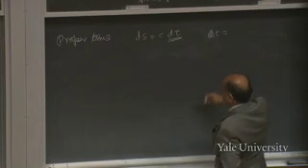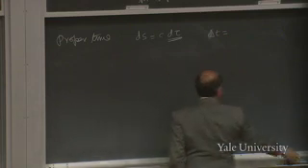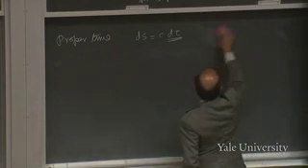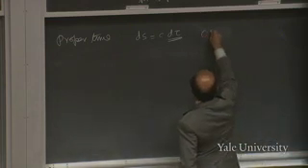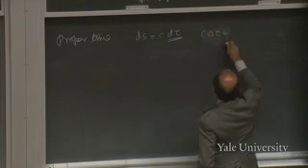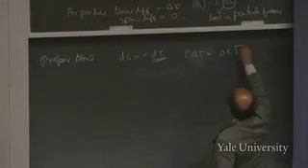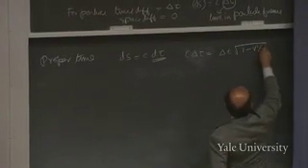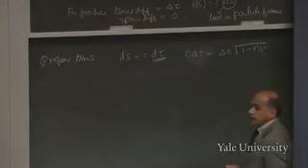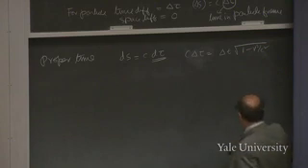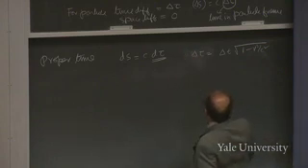Then you saw that the space-time interval c delta tau was equal to delta t times square root of 1 minus v squared over c squared. The c cancels on both sides. This is the relation.